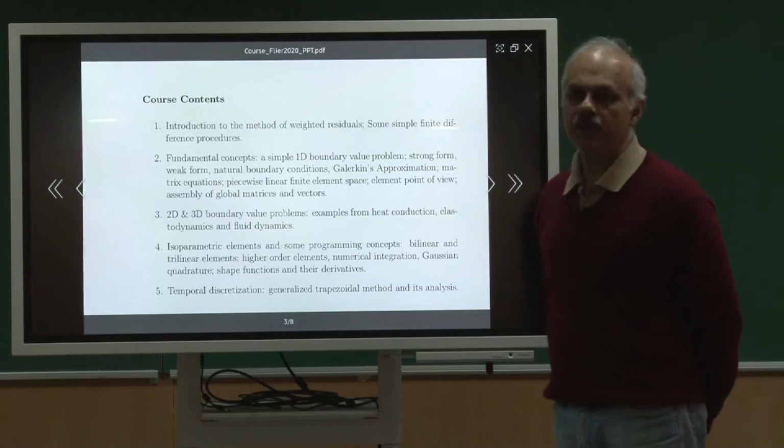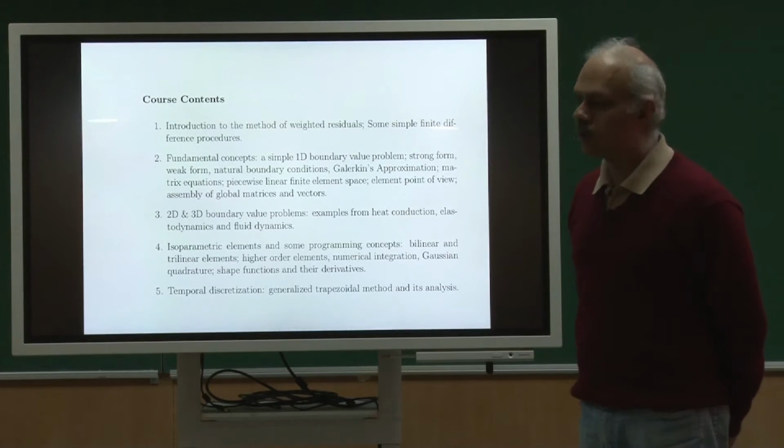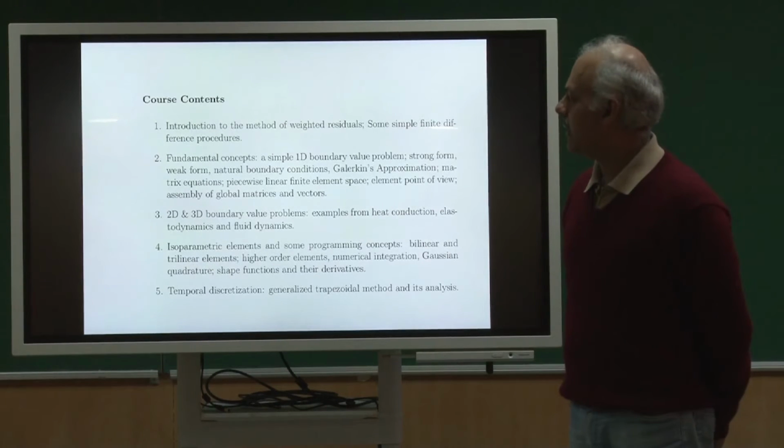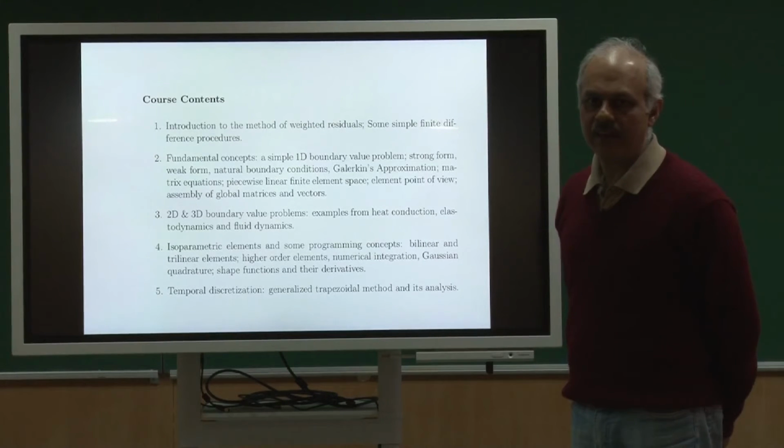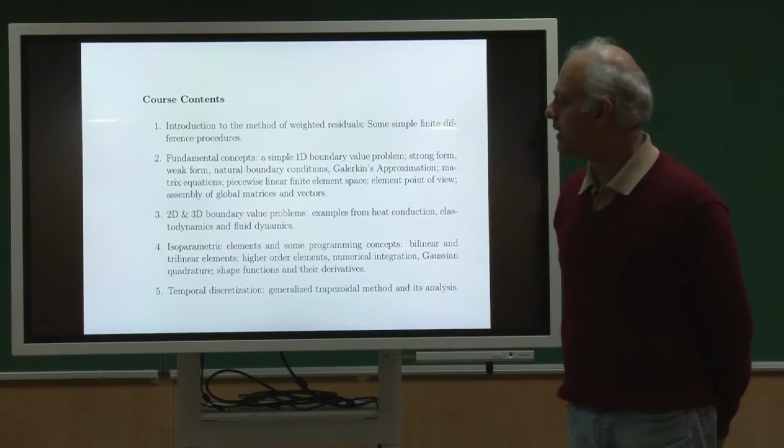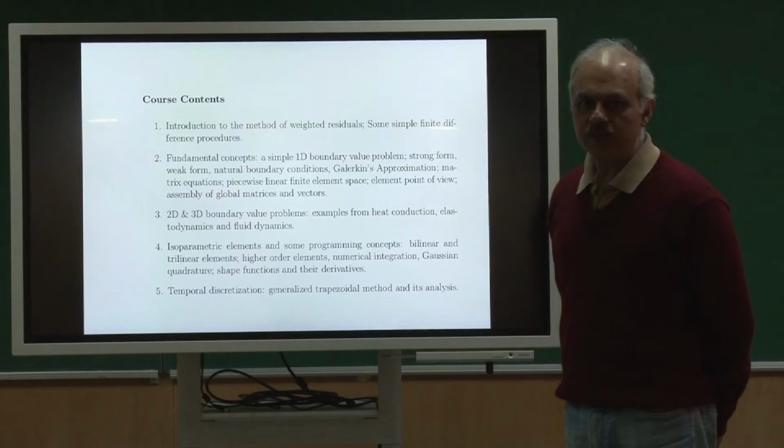A little bit about the course content. As I spoke to you just a while ago, the fact that we are interested in a numerical solution already implies that we are okay with incurring some error, but we need to have a bound on the error.